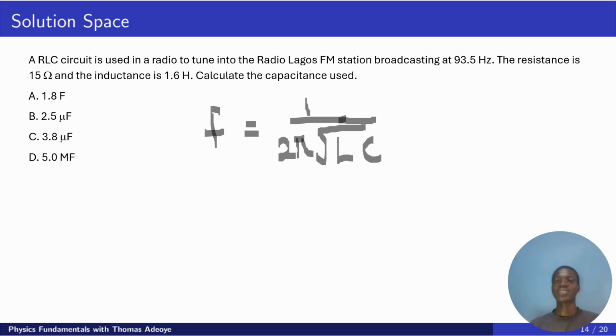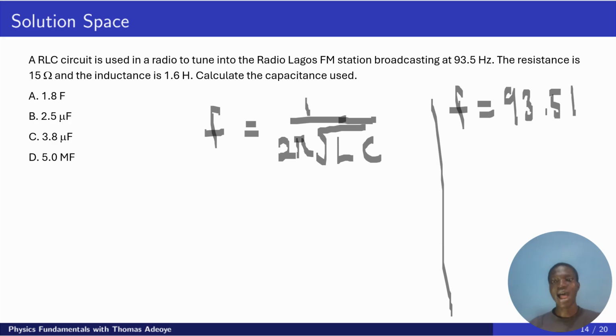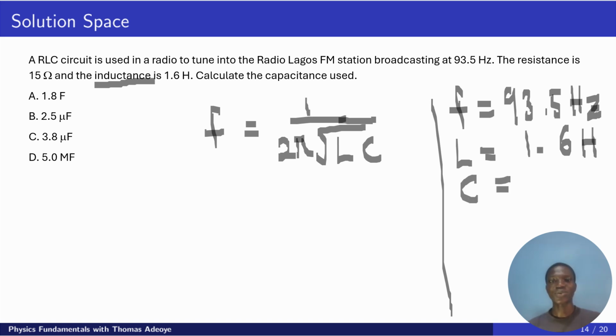So 2 pi is just a constant, L is inductance, and C is capacitance. In the question they gave us the frequency F to be 93.5 hertz, and L, the inductance, has been given as 1.6 henry.